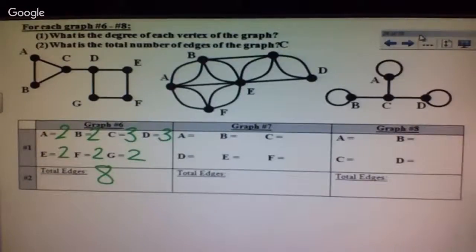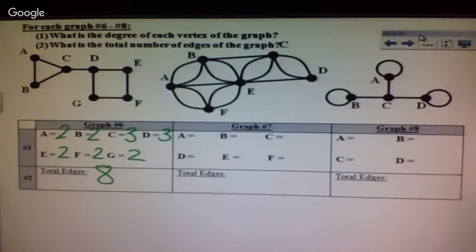A loop counts as 2 degrees, right? Yeah. So graph 6 would be an Euler path. Yeah, that's what I'm saying. It could not be a circuit.